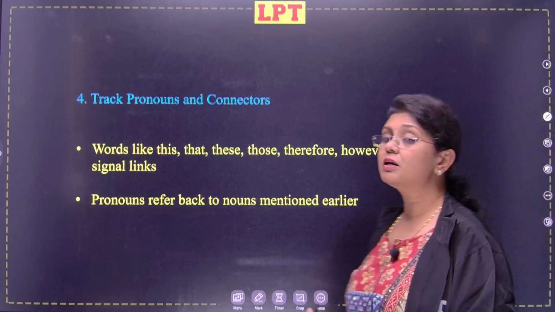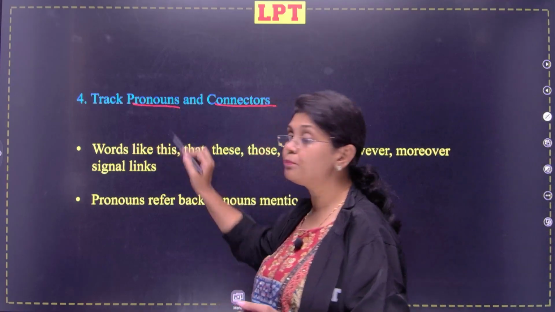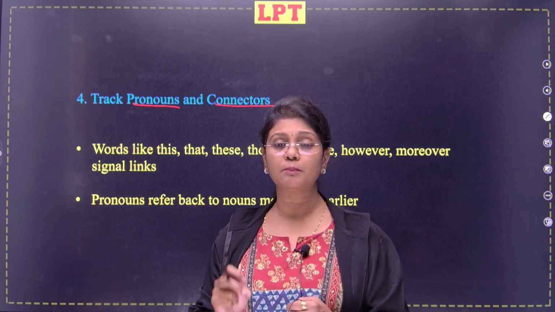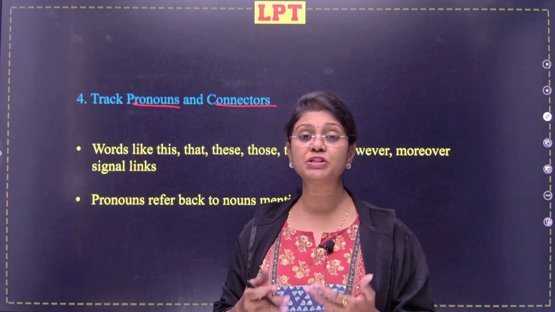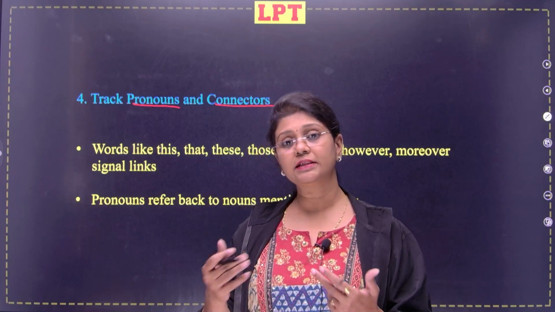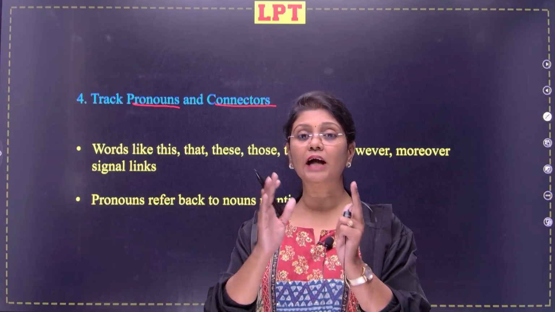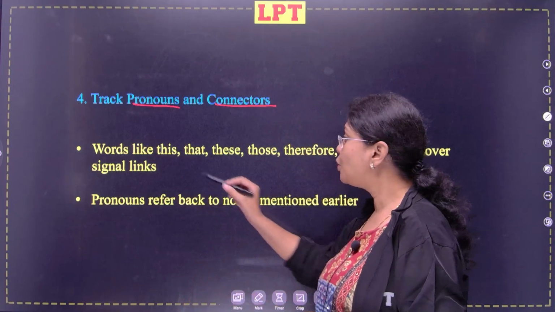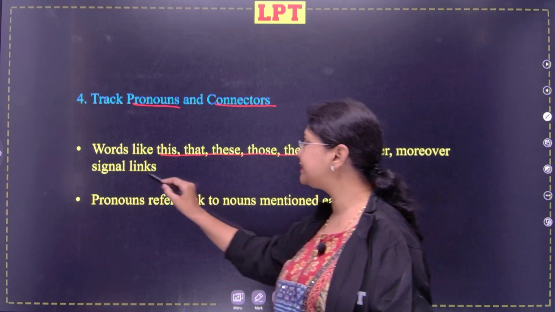Then we talk about tracking pronouns and connectors. Again guys, this is very important. In most parajumble questions, you will often come across a pronoun indicator. If there is a sentence that mentions a pronoun and a sentence that mentions the noun for that pronoun, understand that the noun would come first and the sentence with the pronoun would follow later. Words like this, that, these, those, therefore, however, moreover signal links.